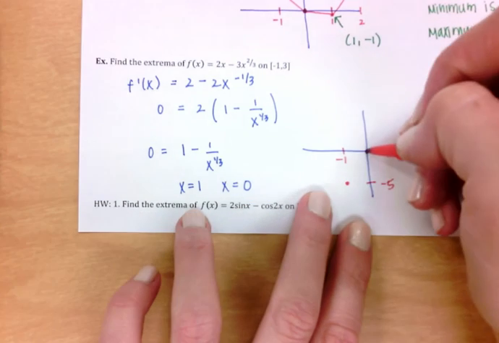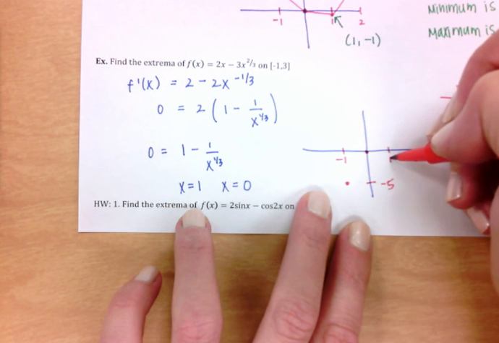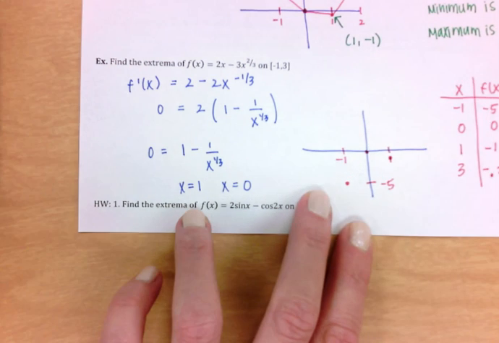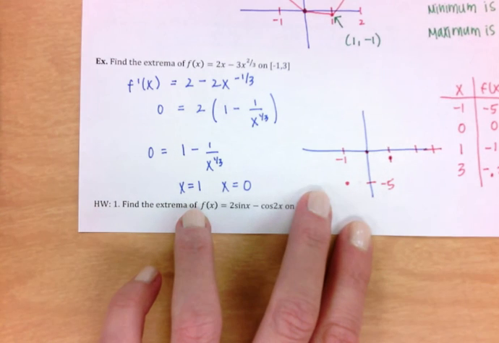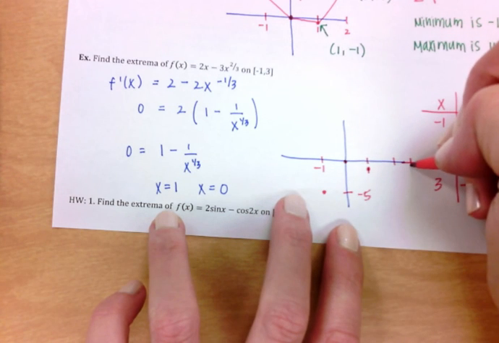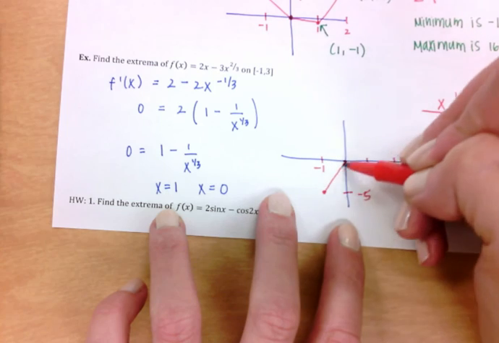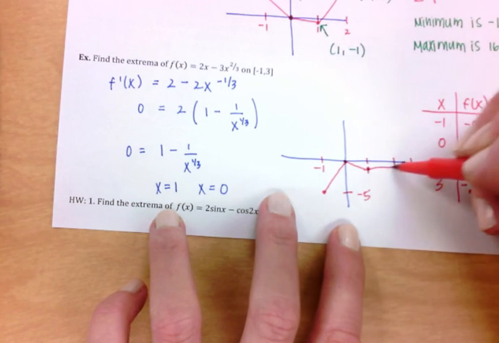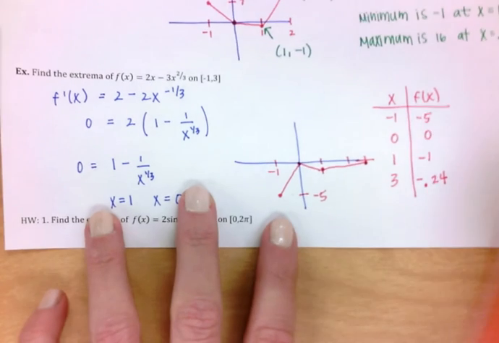At 0, we're at 0. At 1, we're at negative 1. And at 3, we are at negative 0.24, so we're really close there. Again, we don't really know how this is connected yet, but we know in some way they're connected, so we can just sketch that to give us a visual.